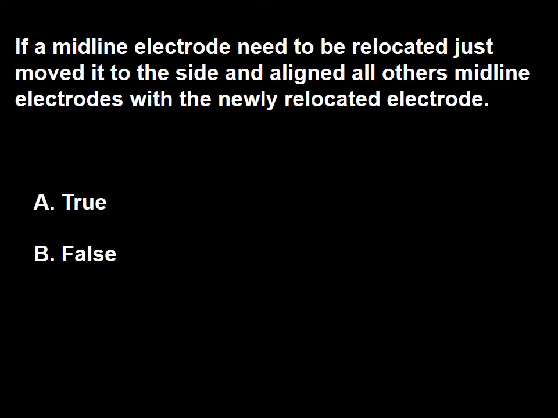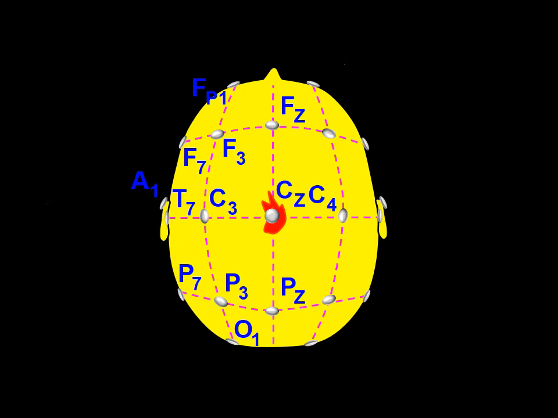If a midline electrode needs to be relocated, just move it to the side and align all other midline electrodes with the newly relocated electrode. A, true. B, false.